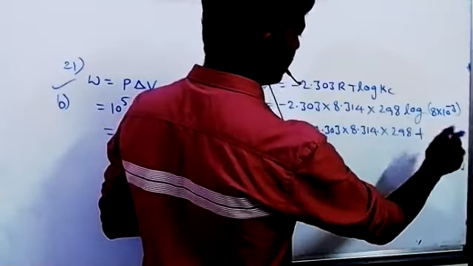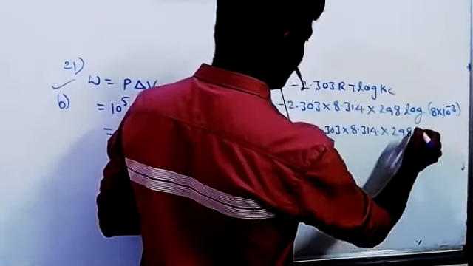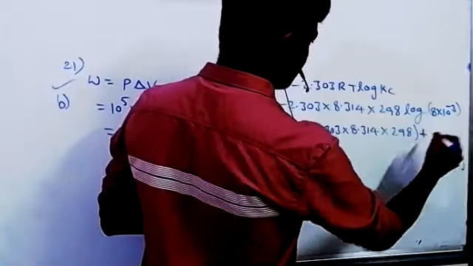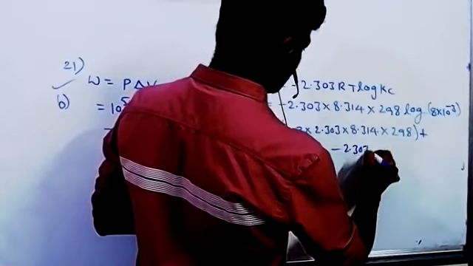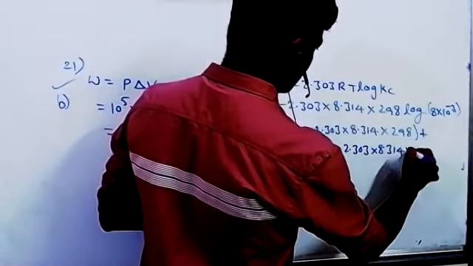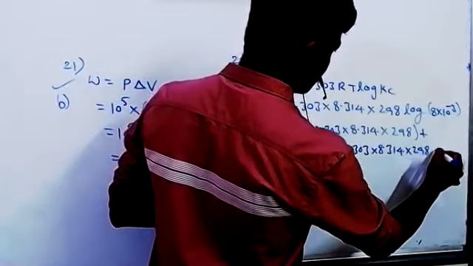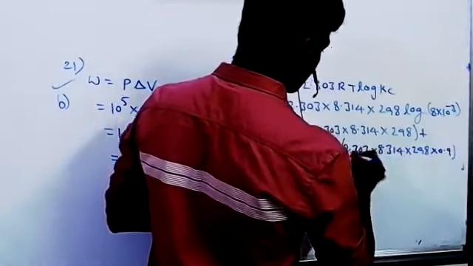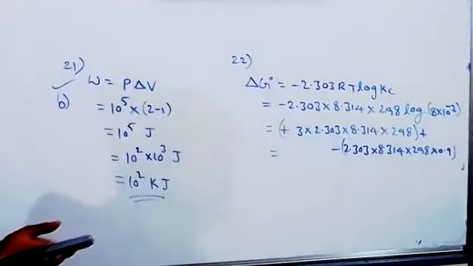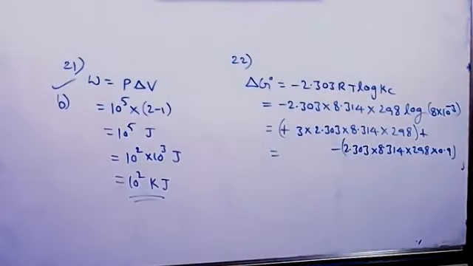This whole value into log 8, 0.9, plus minus 2.303 into 8.314 into 298 into 0.9. Because log of 8 into 10 power minus 3 is according to log A into B, where we need to write log A plus log B.